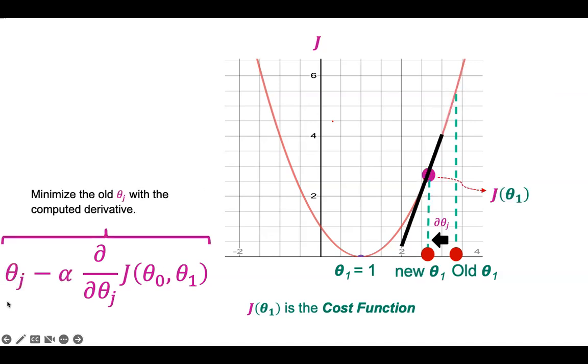Now, after we have computed the partial derivative, we update the old theta sub j with the computed derivative by simply taking the difference of the value and the partial derivative multiplied by the learning rate.